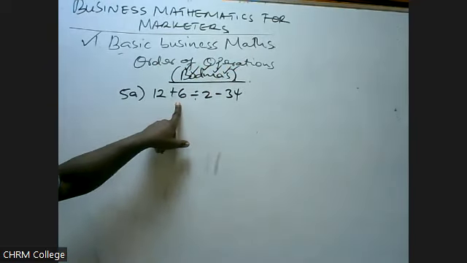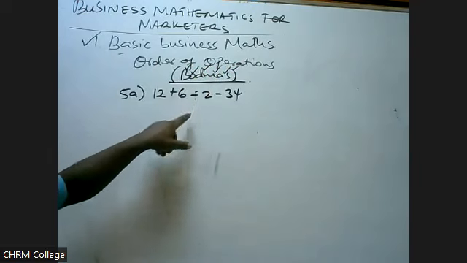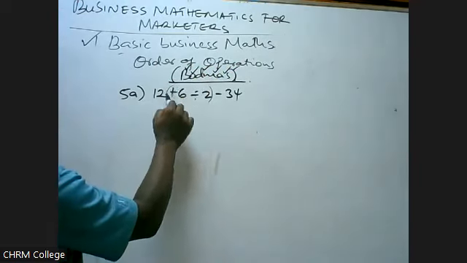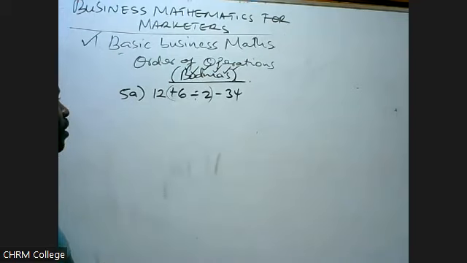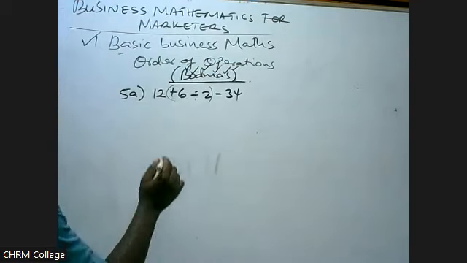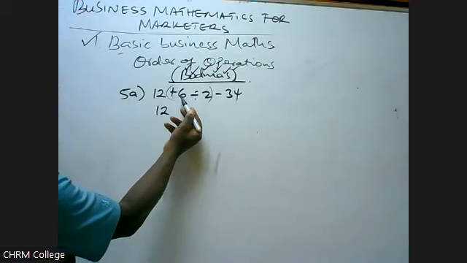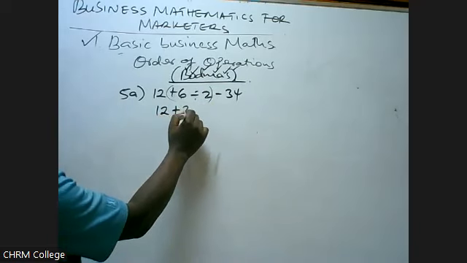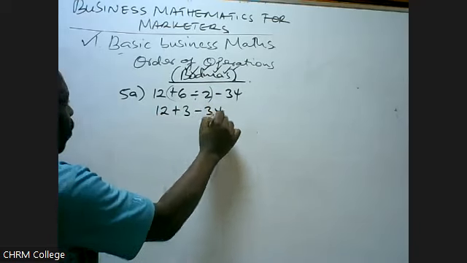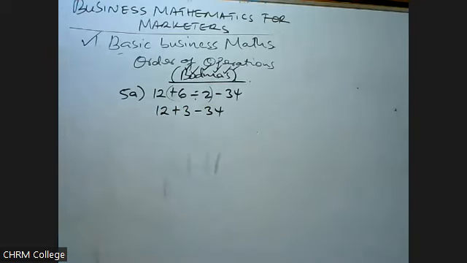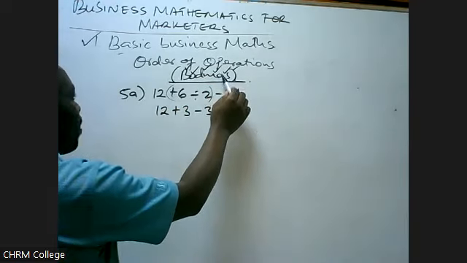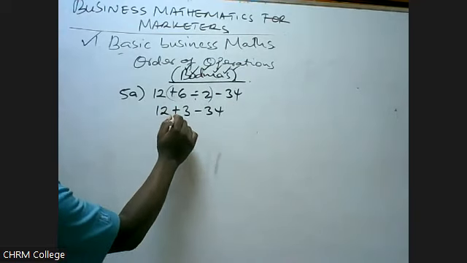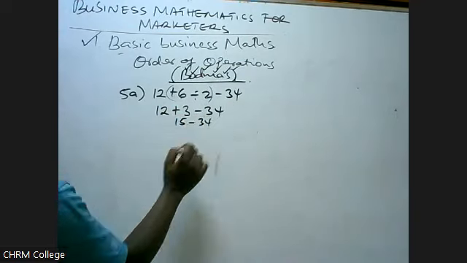In this case, we don't have brackets, we don't have of, but we have division. So the division is 6 divided by 2, which gives us positive 3, and then 12 plus 3 is 15, minus 34.